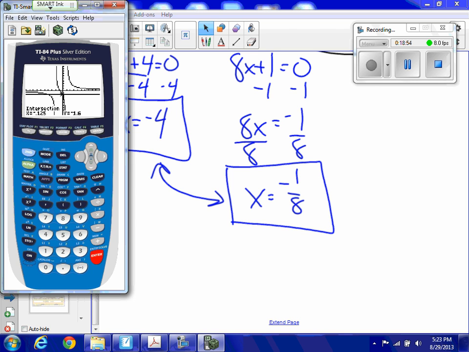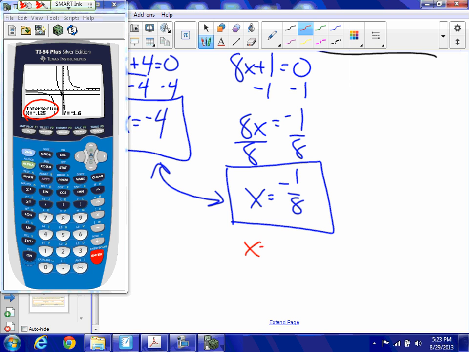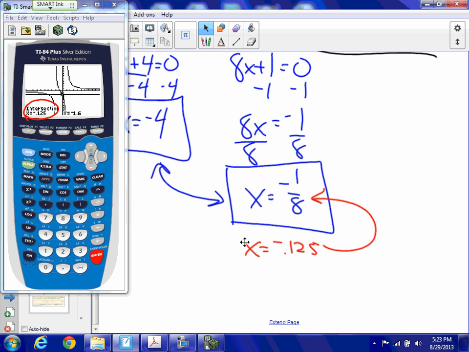And it gives me, yes, one of my intersection points is right here. X equals negative 0.125, which you will find if you do a little bit of the math is the same thing as negative 1/8. You divide 8 into negative 1, you're going to get negative 0.125. So that's one intersection. I'm pretty happy with that.